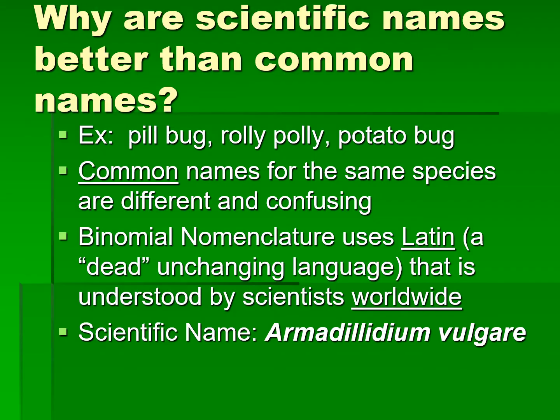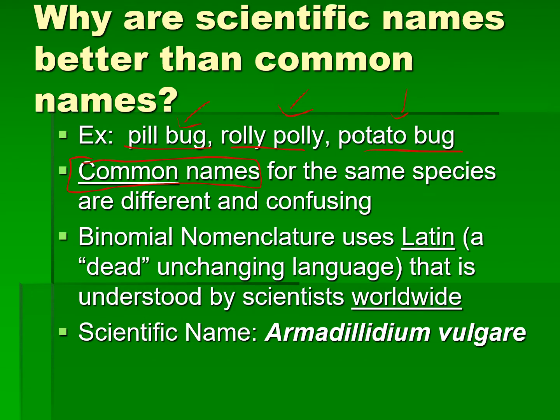You might have heard it called a pill bug, a roly-poly, or a potato bug. I grew up calling it a roly-poly, but apparently it's also called a pill bug or a potato bug. This is the common name, and the common names can differ just by different parts of the world. So it might be a pill bug in some places, a roly-poly in others, and a potato bug in other places, but they're all referring to that same little tiny creepy beetle.